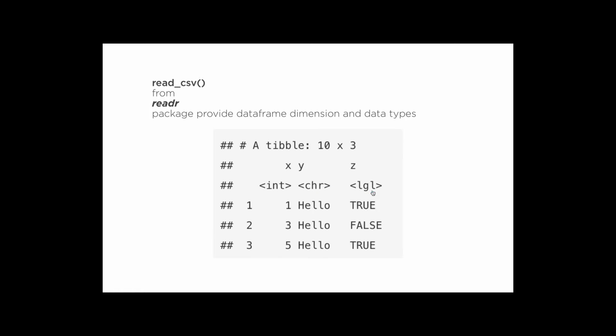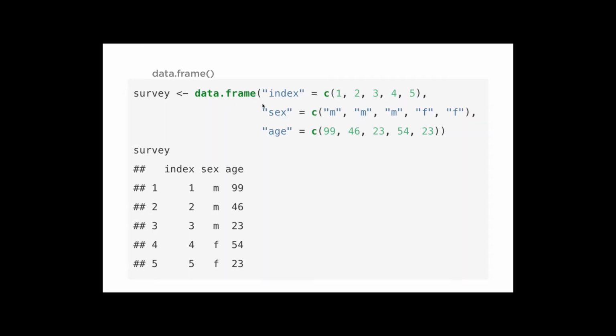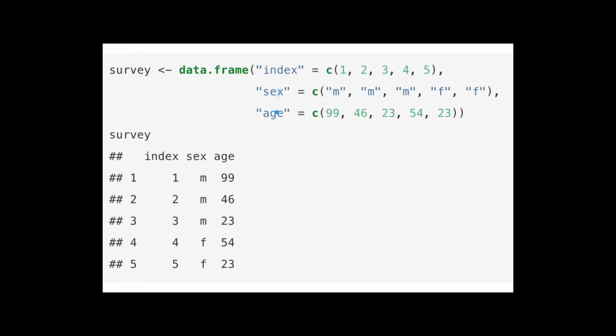Another way to build a DataFrame from scratch, you can use the function data.frame. You can specify the column names, and in this case, if you notice, you have to use quotation marks, as those are characters, and within each column you have to specify vectors, but it is extremely important to maintain the same length for each vector.